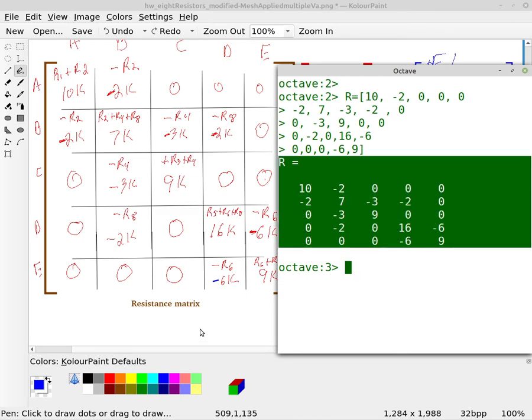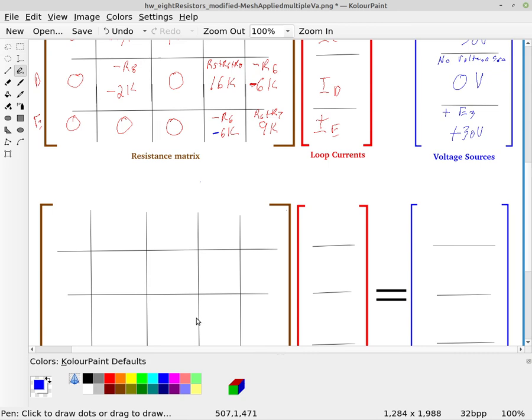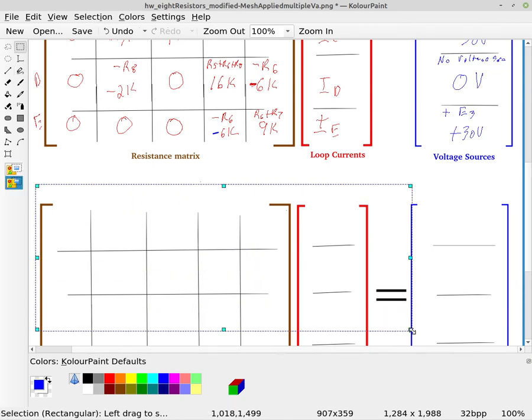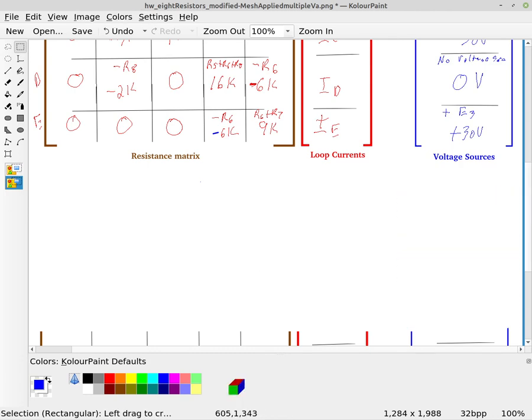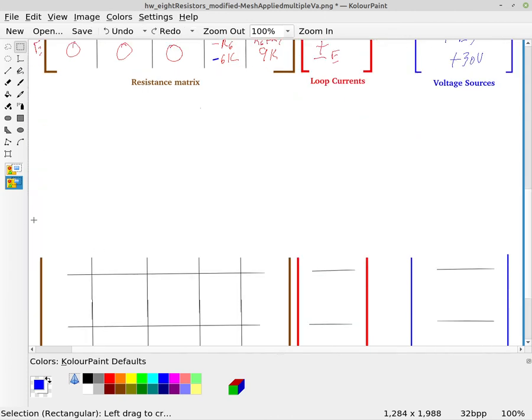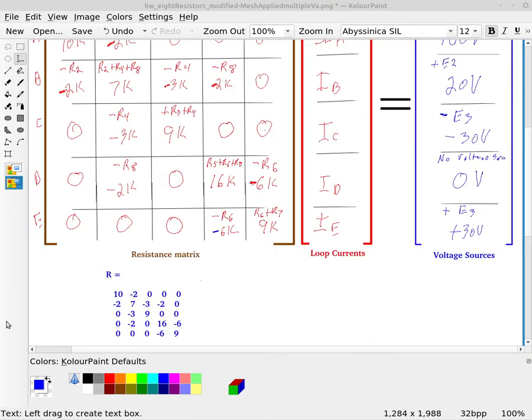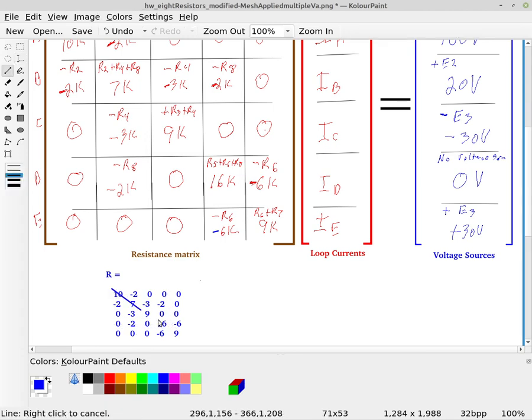Okay, and let me just pop that over here for a minute. Alright, so here is my R matrix. I just want to remind you, as we look at this, everything on the diagonal is positive.